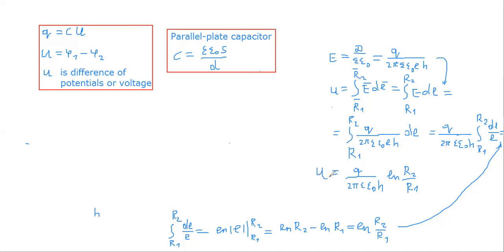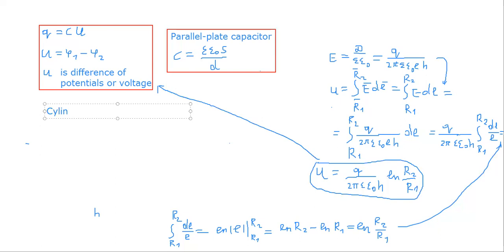So we have obtained that voltage is equal to this, and we can substitute this here, and the cylindrical capacitor with homogeneous dielectric has capacitance C equal to 2π epsilon epsilon 0 H divided by natural logarithm of R2 divided by R1.